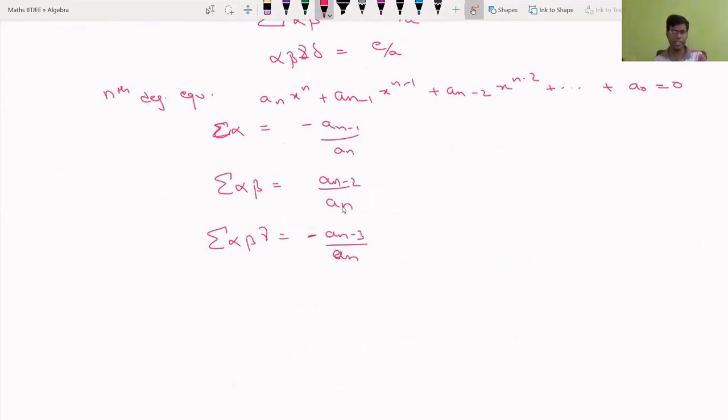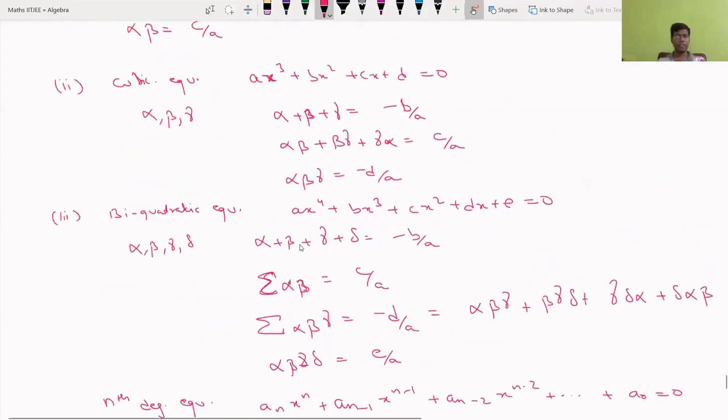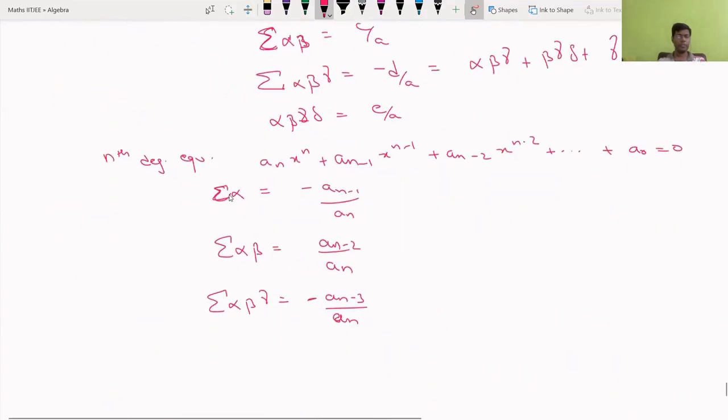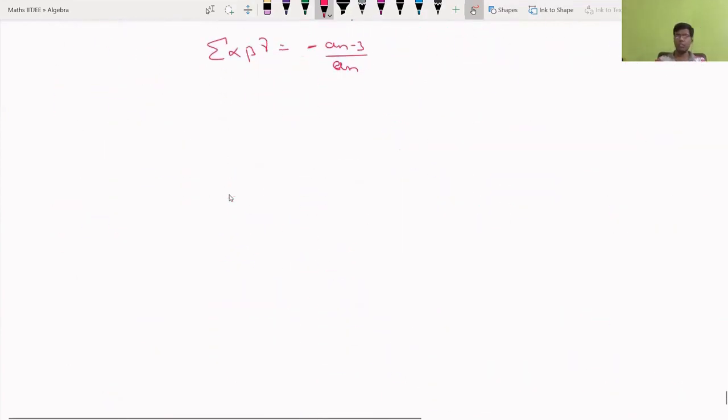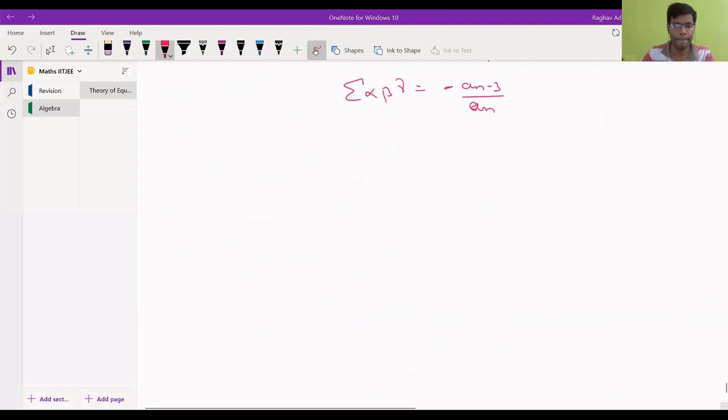So minus, plus, like that we will keep on having the relation. Okay. So that's how we'll have the relation between the coefficients of the equation and the roots of the nth degree equation. Okay. So let's do a simple question before we proceed.